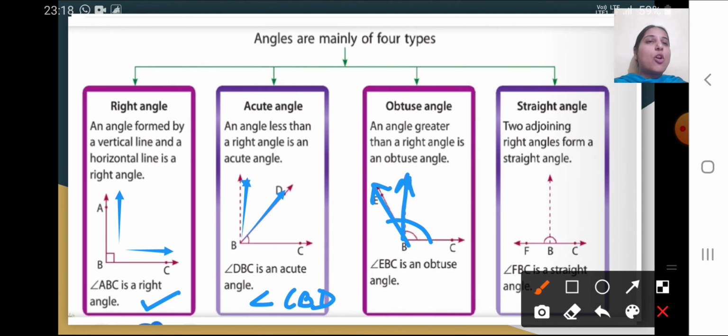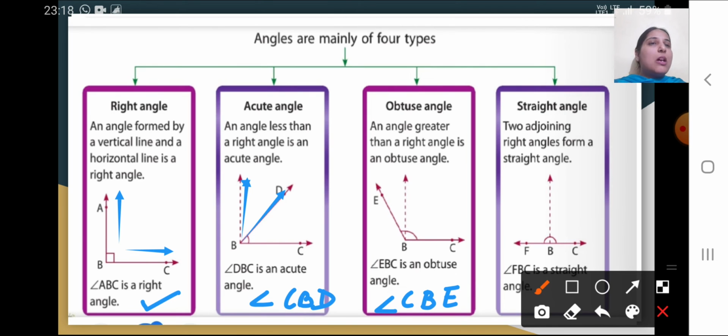So this is an obtuse angle. An angle which is greater than a right angle is called an obtuse angle. So here angle EBC, or we can also name it as angle CBE, is an obtuse angle.